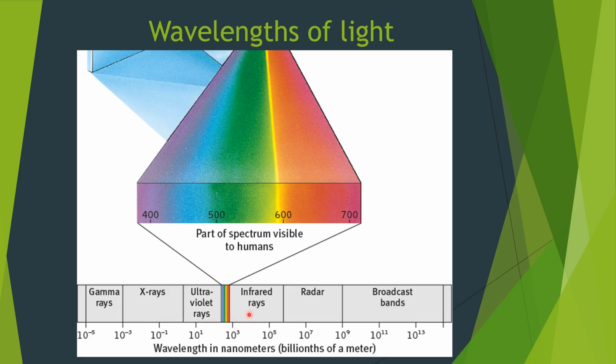The wider ranges of waves, things like radar and broadcast bands, and if you go further out here, sound waves, have much, much wider amounts of size. And if you think about it, at some point these nanometers start to become waves that are physically big enough for us to perceive.